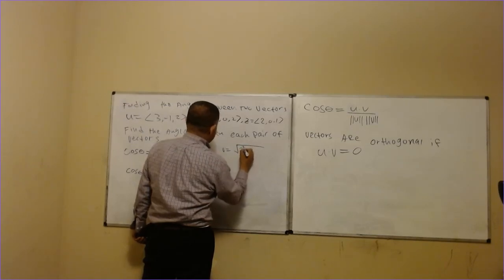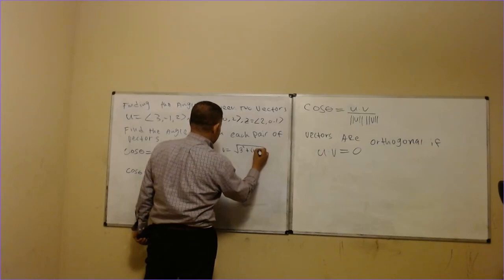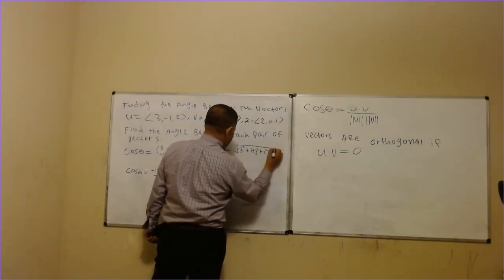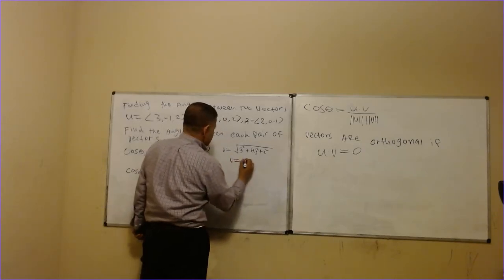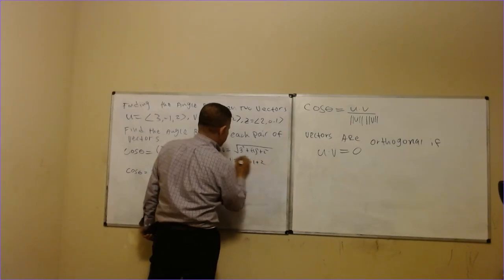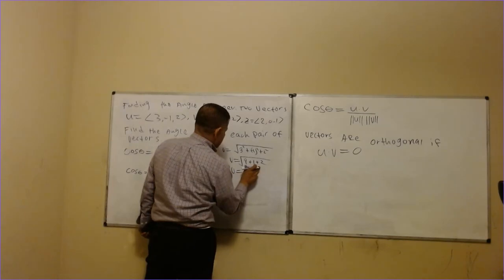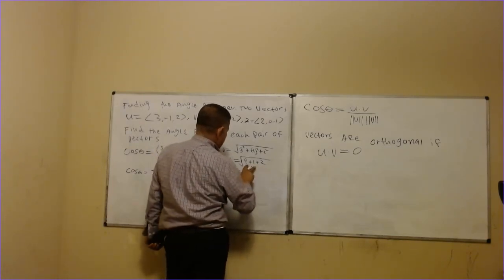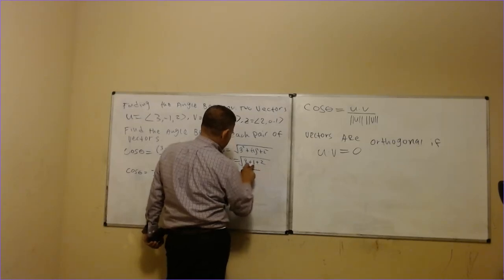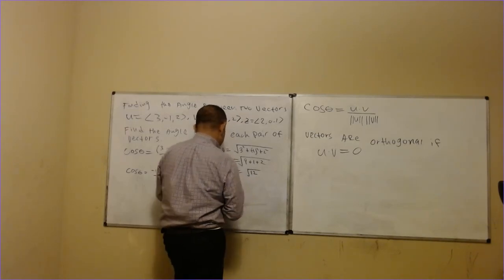So 3 squared plus negative 1 squared plus 2 squared. So that is 9 plus 1 plus 2 under the square root, and I get the square root of 12.